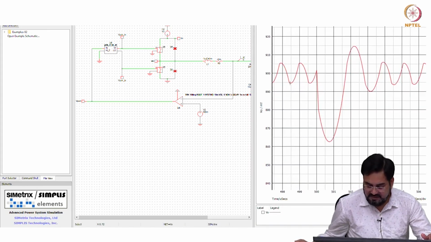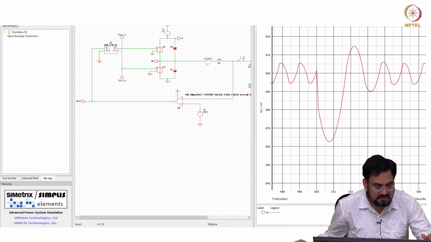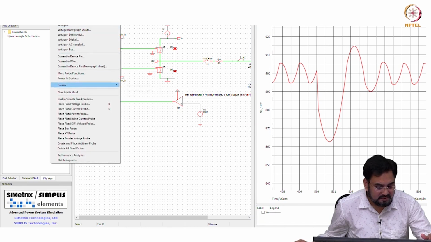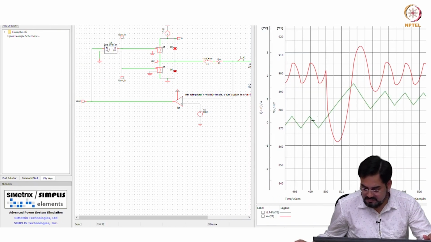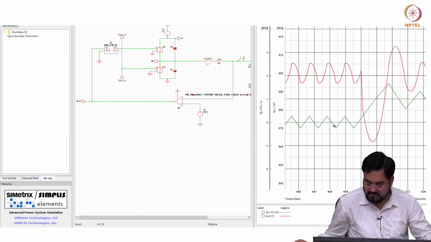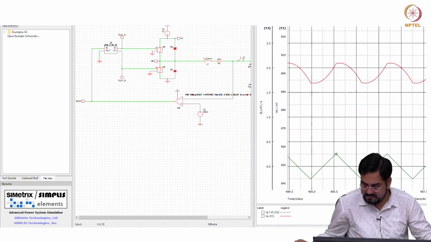So, let us see if the peaks are aligned or not. Probe current. So peaks are not aligned, you can see here, you still see some roll off here, non-linearity.